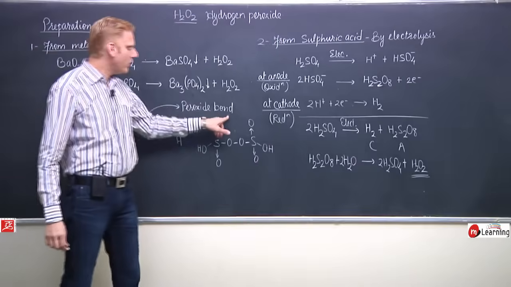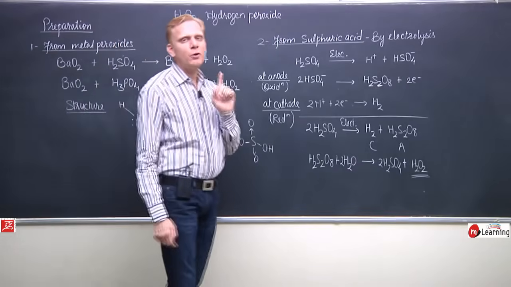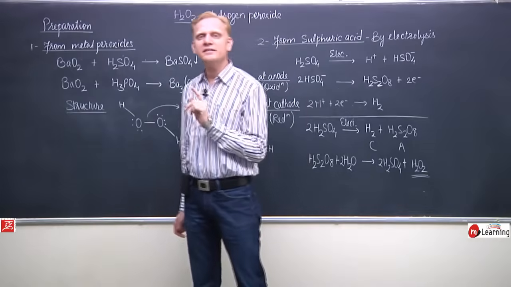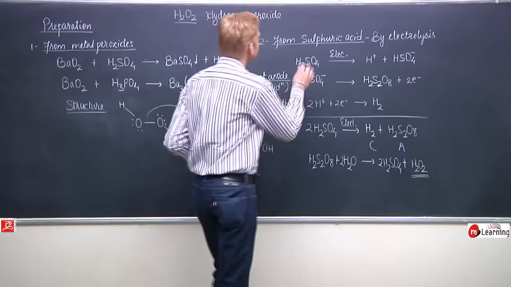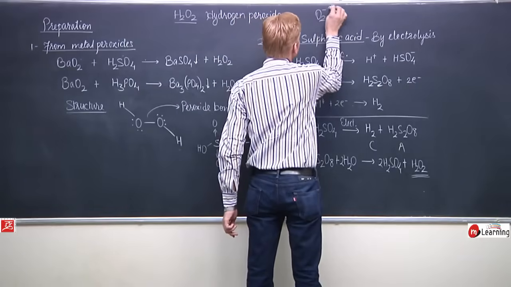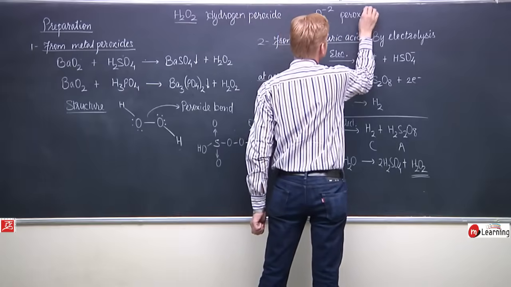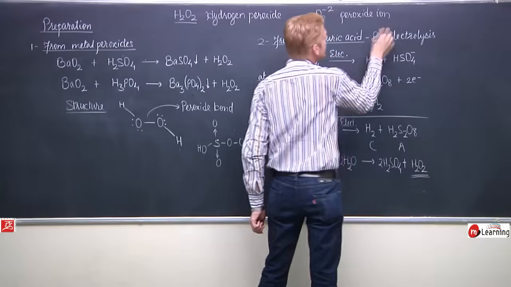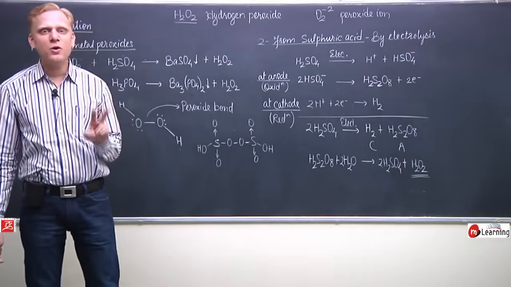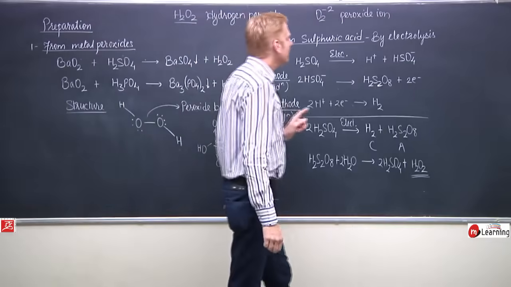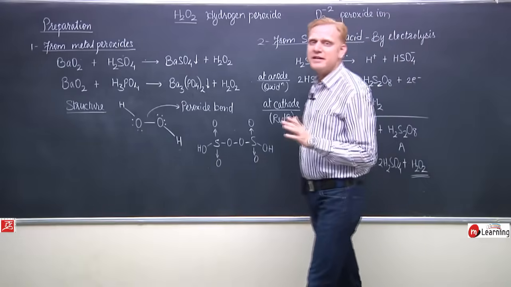So what is the peroxide bond? Exactly, the peroxide bond is the single bond present between two oxygen atoms. Peroxide itself suggests the species O2 2-. This ion is called the peroxide ion. Peroxide ion has bond order 1, that means the number of bonds between the two oxygen atoms is 1, and the nature of peroxide is diamagnetic.